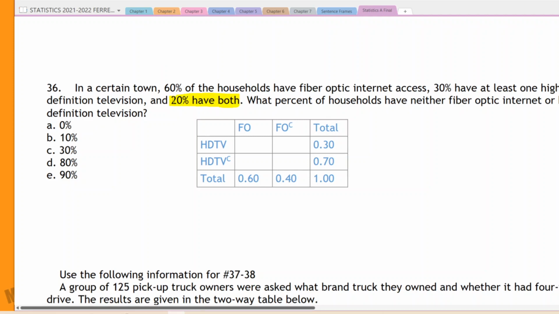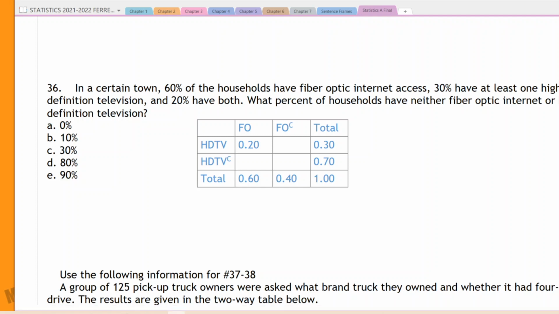20% have both. So it's fiber optic and high definition television. When you see that both category, we're talking about here in this inner box. So 20% have both fiber optic and high definition television. That's 20% of the entire population.